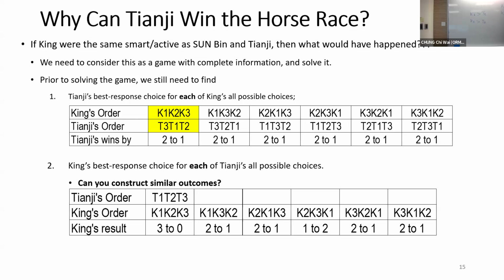You may argue that the king can choose this one, this one, or this one. But now check it out. The outcome of that: here the king will win the game by 1 only, 2 to 1 only. Okay, A1, A2.